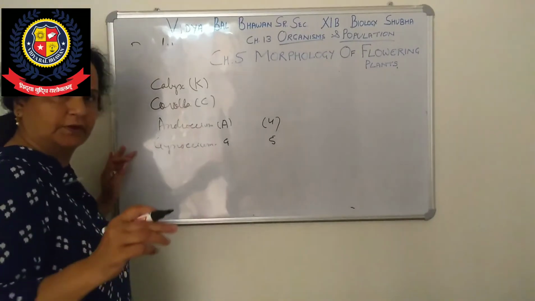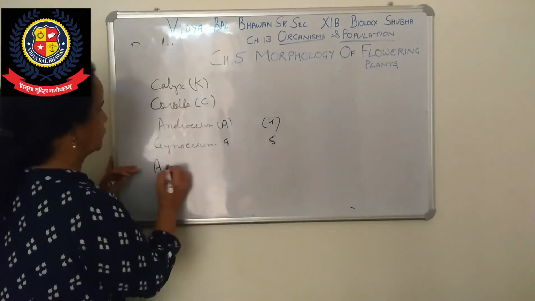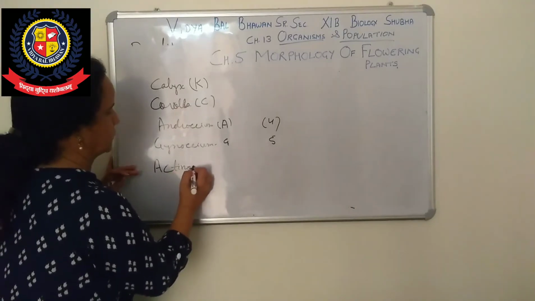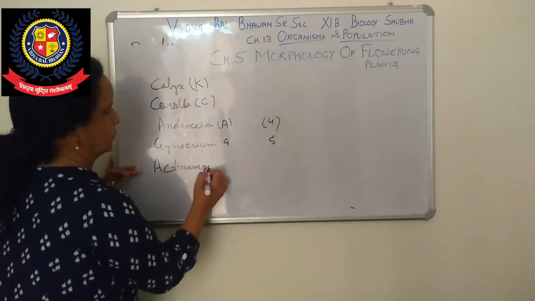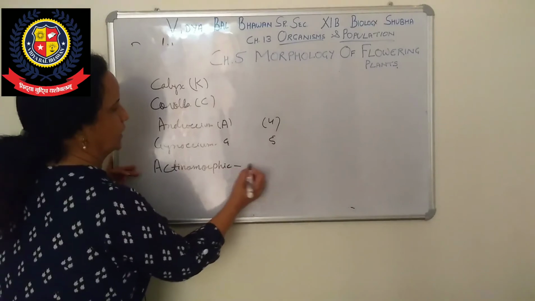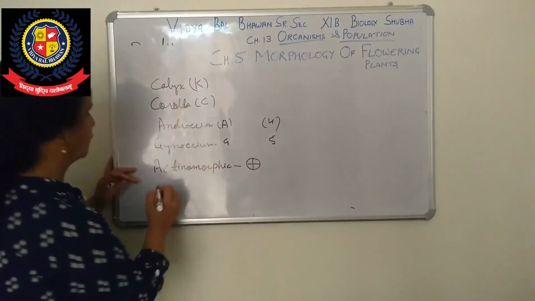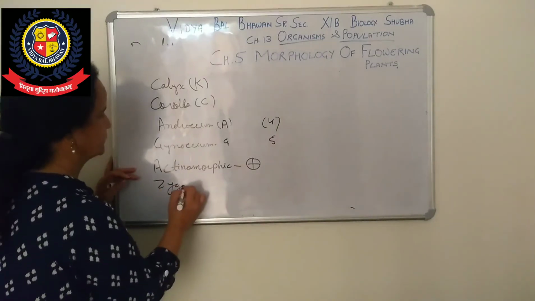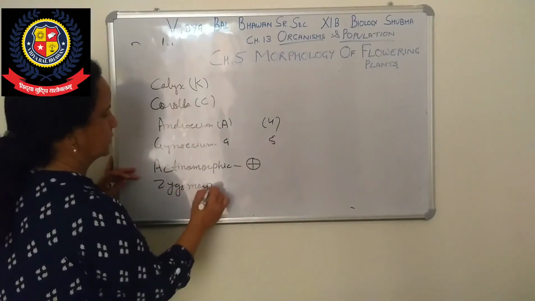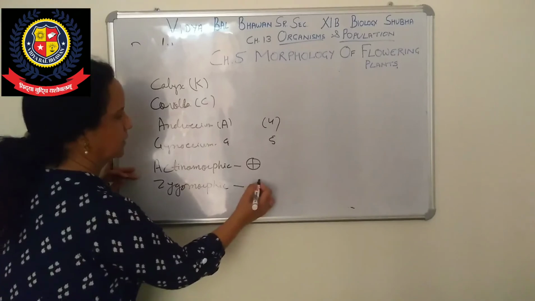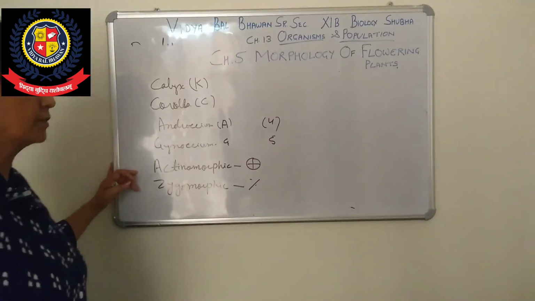Now, actinomorphic, you know, is a kind of symmetry. For actinomorphic we make a sign like this, right? For zygomorphic we make a sign like this. These are the symbols.